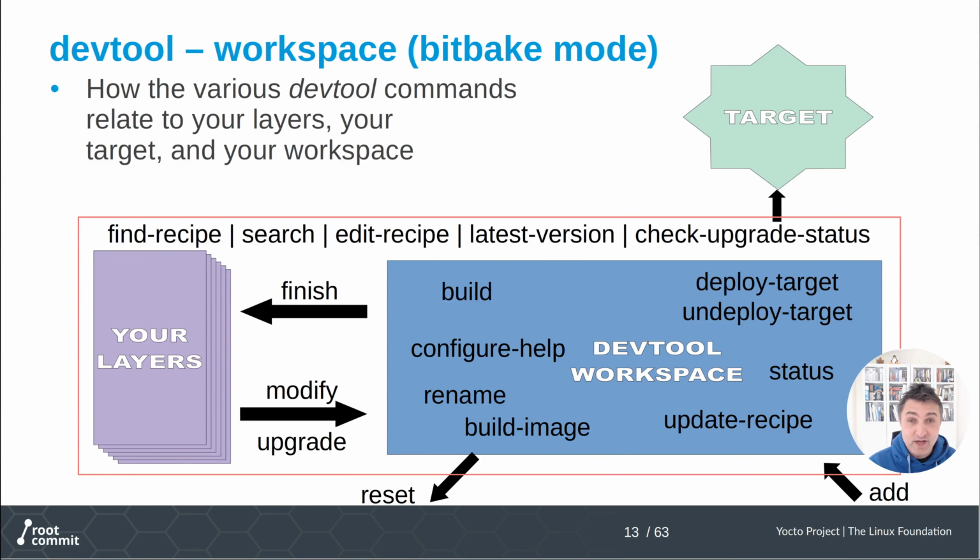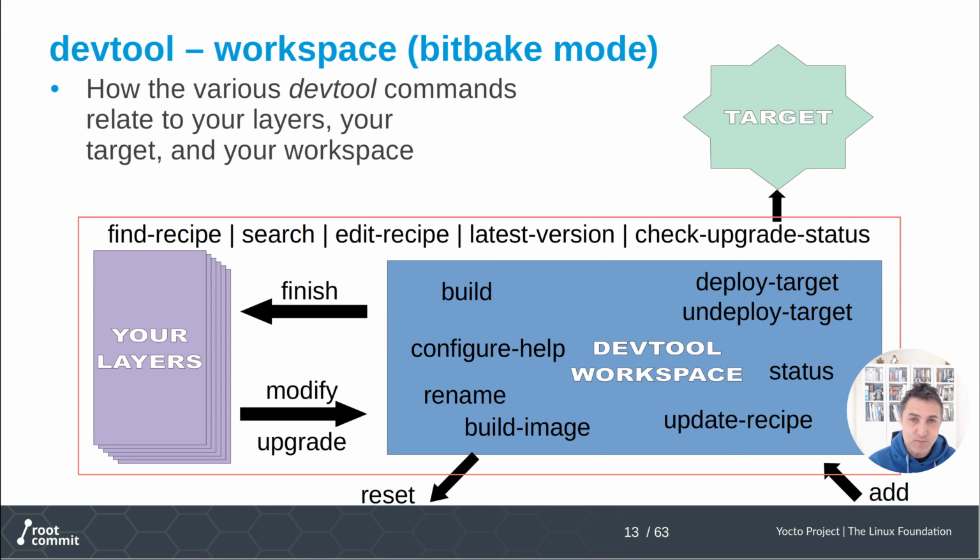Now, let's start to have a look at how the Workspace is used through the various Devtool subcommands. So, you can start working on a recipe by using Devtool add, Devtool modify, or Devtool upgrade, for example. This creates a new recipe or a new copy of an existing one in the Workspace.